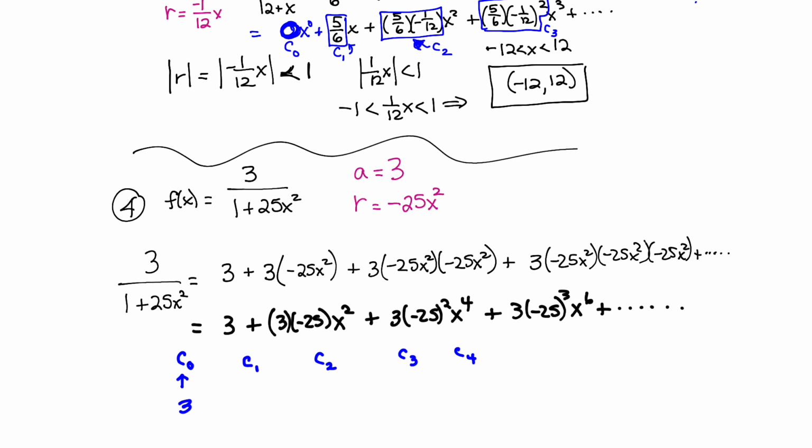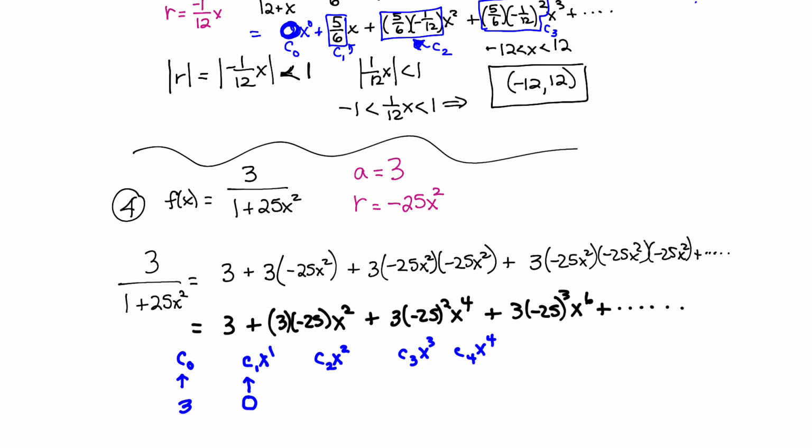What about when x is to the first power? Now what's my coefficient? Hang on. Do I have an x to the first power? No. So my coefficient better be 0.